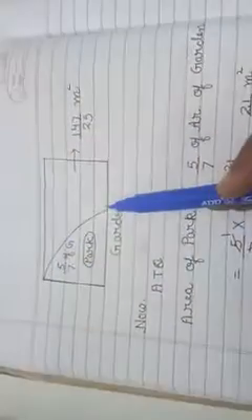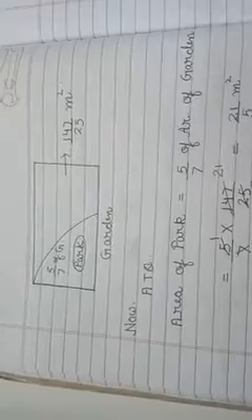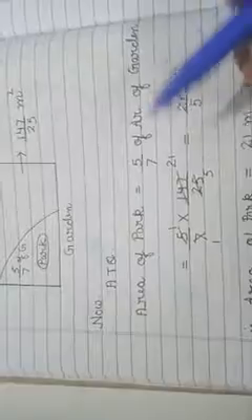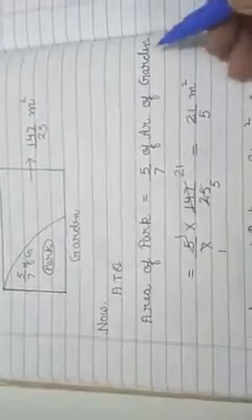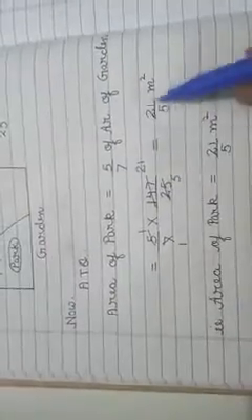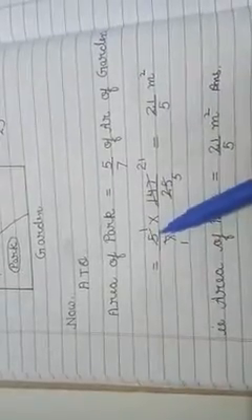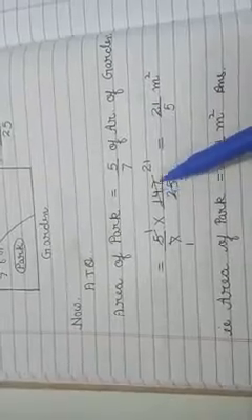So the area of this garden is 5/7 of the park. Means in 5/7 part of your park, there is the garden. So how will we find out the area of the garden? It is very simple. The area of the garden will be 5/7 of the area of the park. So 5/7 and the area of the park is 147 by 25. You cancel 5 and 25 by 5, and 7 cancels with 147.